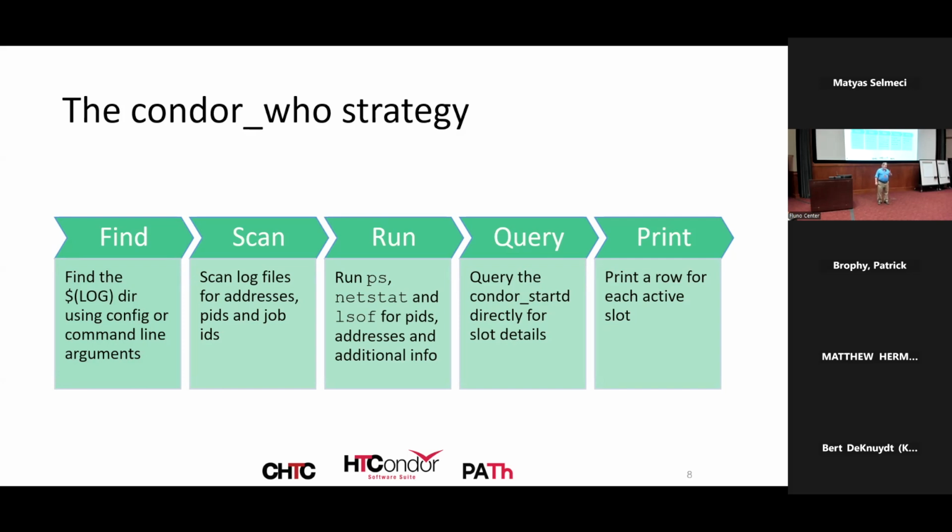But all of this is driven by this need to find the address of the startd by any means necessary, and then basically run the equivalent of condor_status -direct queries to it to get it to return a class ad for every slot, and then print information from that slot.